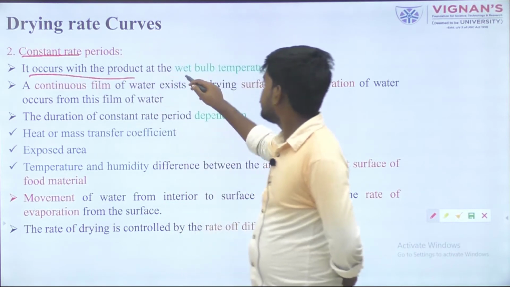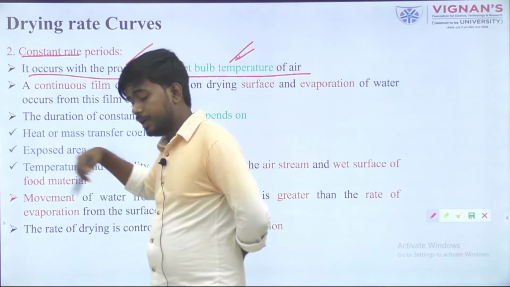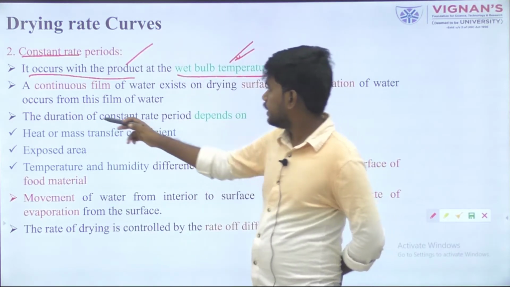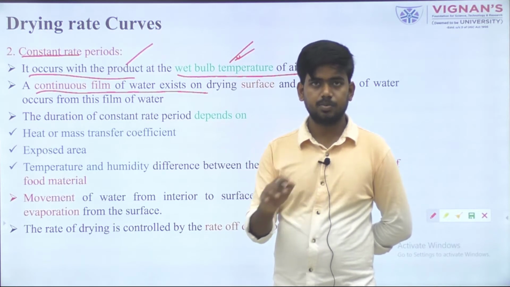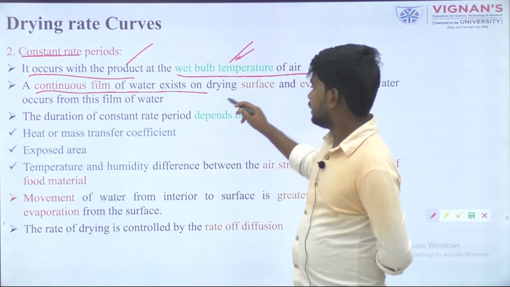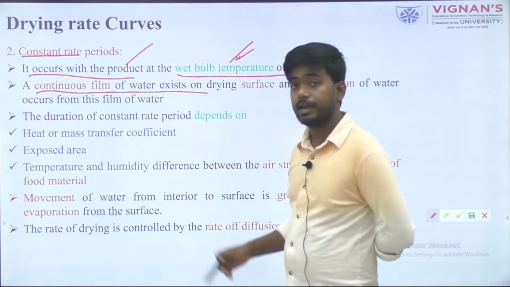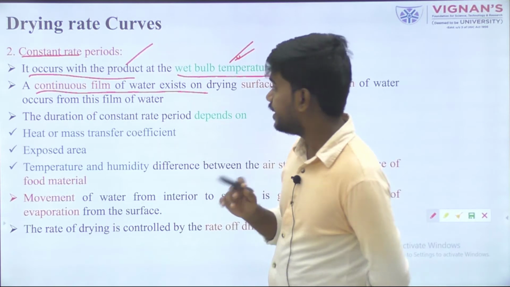It occurs at the wet bulb temperature of the air. Here continuous films of water, whatever moisture is present on the surface of the product material, easily come out, and the drying rate is constantly maintained.